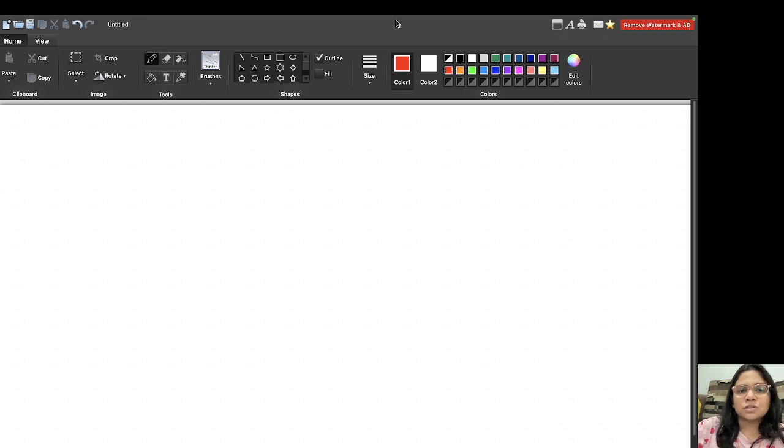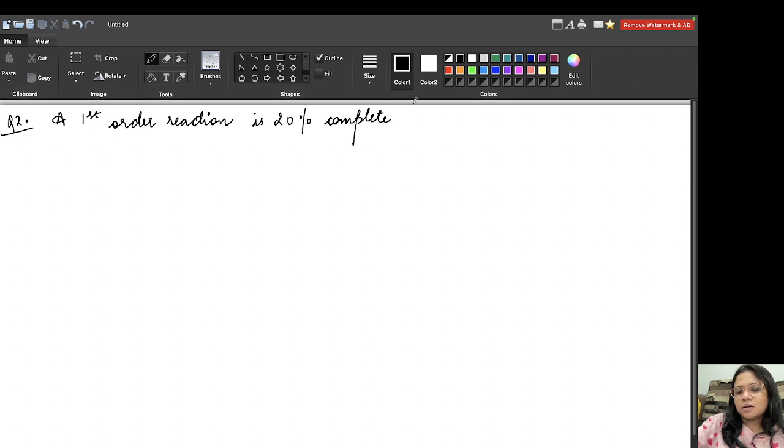The second question. The second question is telling us a first order reaction is 20% complete. A first order reaction is happening and it is 20% complete in 5 minutes. Write down what all is given first.